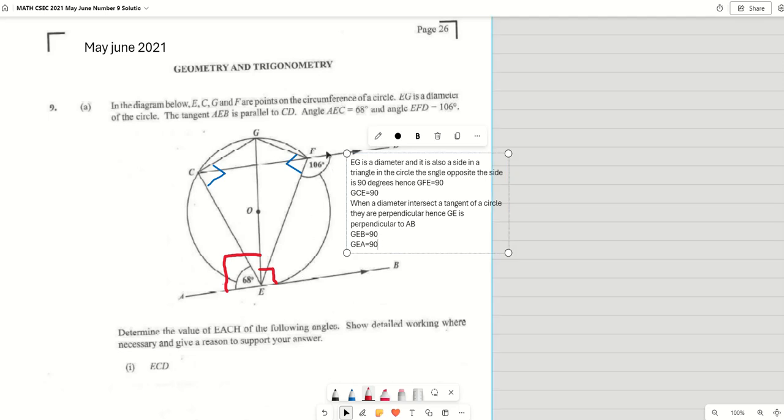What other rule can we figure out? They told you that CF and AEB are parallel to each other.